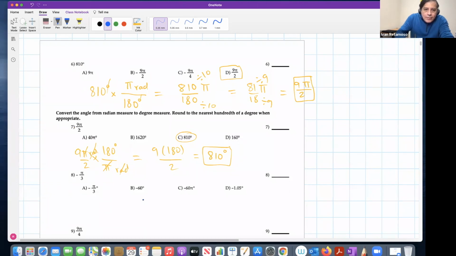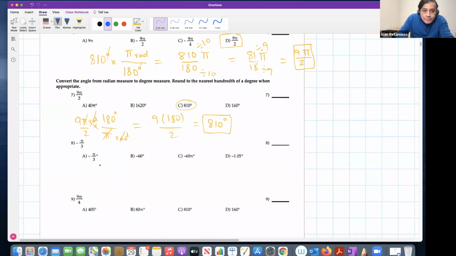They want you to convert this to degrees, right? This radians to degrees, multiplied by pi radians on the bottom, 180 degrees on the top. Radians cancel with radians, pi cancels with pi. You end up with minus 180 over 3, which is 3 into 18 is 6, followed by 0, so 60 degrees.